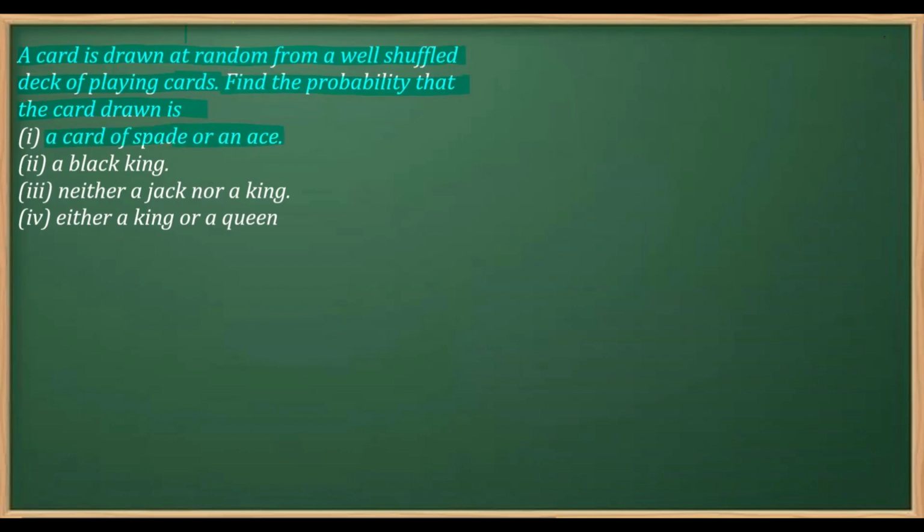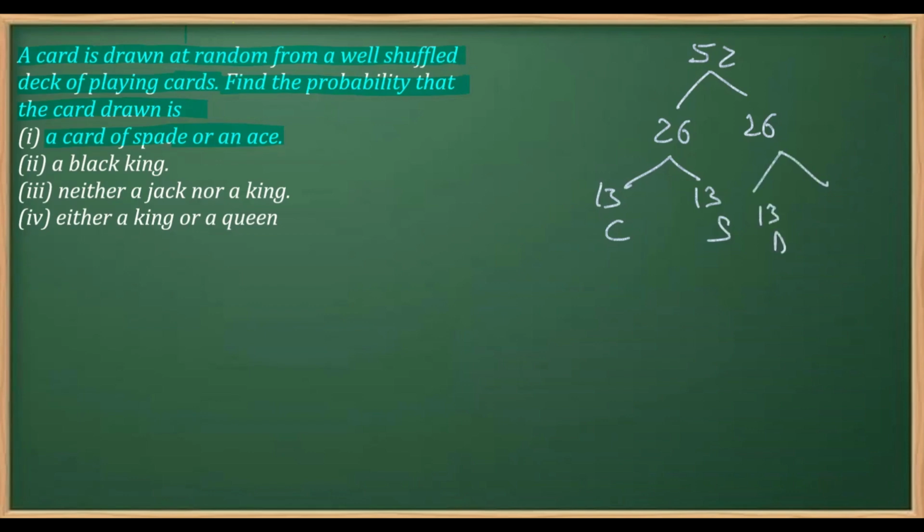There are 52 cards, out of which 26 are red and 26 are black. Of the black, 13 are clubs and 13 are spades. The remaining 13 are diamonds and 13 are hearts.